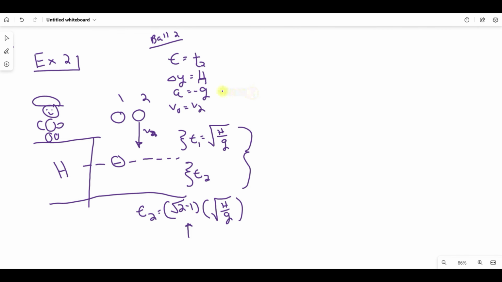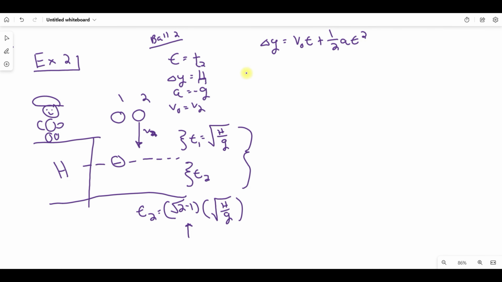Now, given the variables we have in the kinematics of ball 2, we can use this equation, delta y is equal to v naught t plus 1/2 a t squared, in order to find v2.